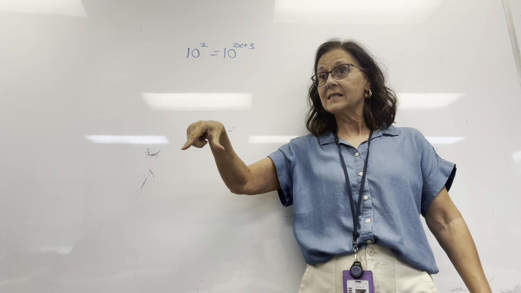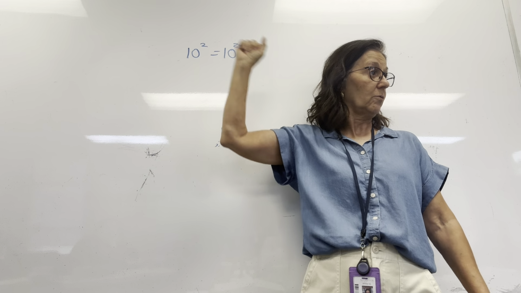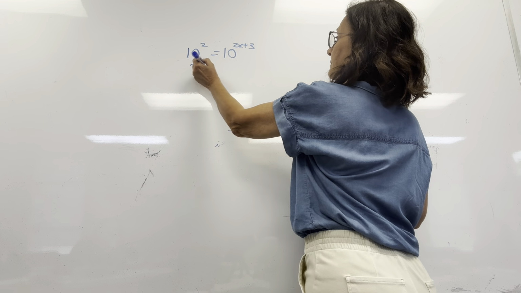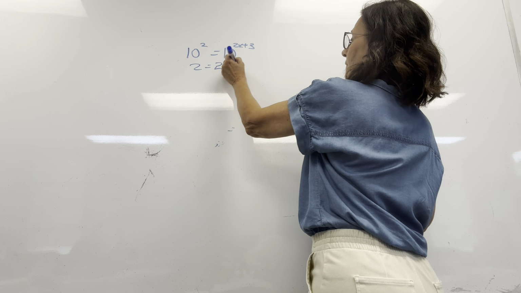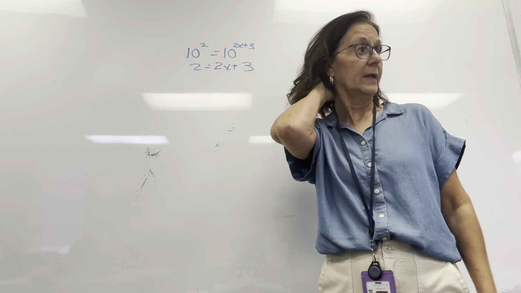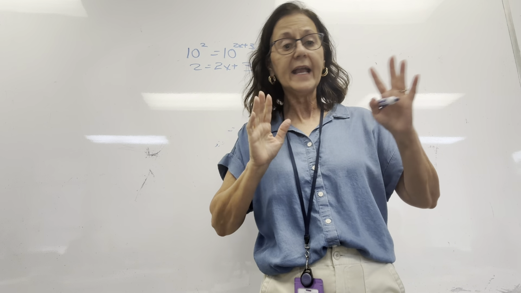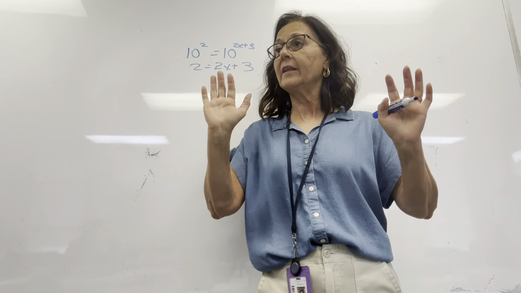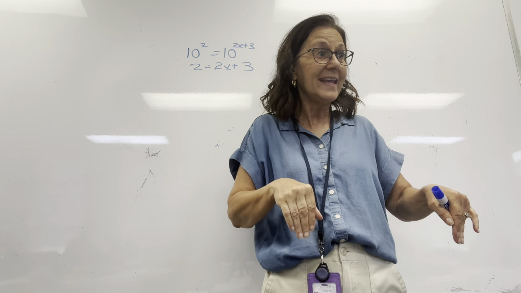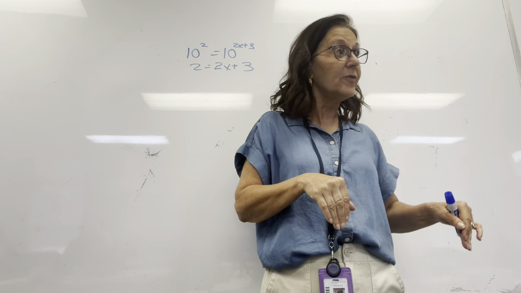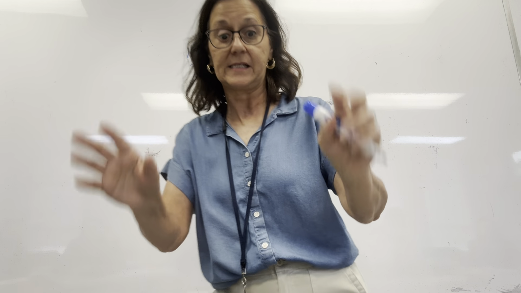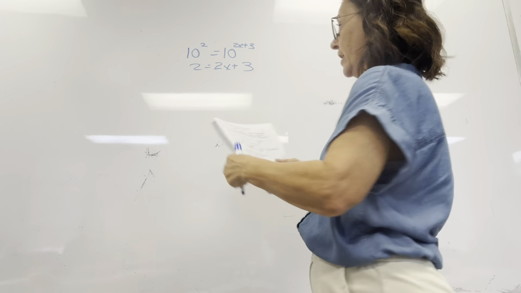Drop the base, set the exponents equal to one another. I can, the first rule of log says, if I have two equivalent logs with the same base, I can drop the log and set the arguments equal to each other.